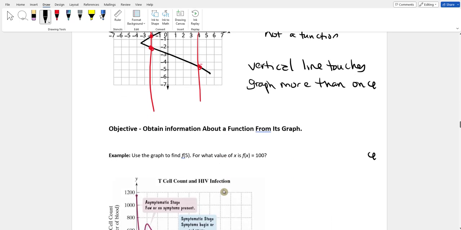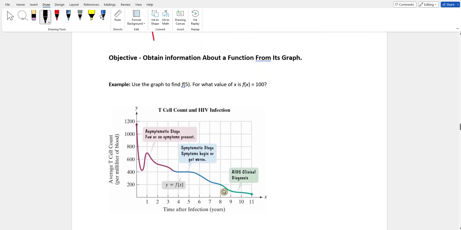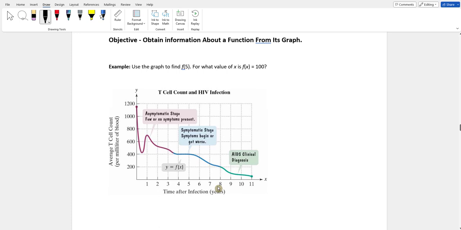Okay. Next, we're going to look at a graph and get information from it. So in this particular problem, it talks about T cell count and HIV infection. If you don't have HIV, your T cell count should be very high.